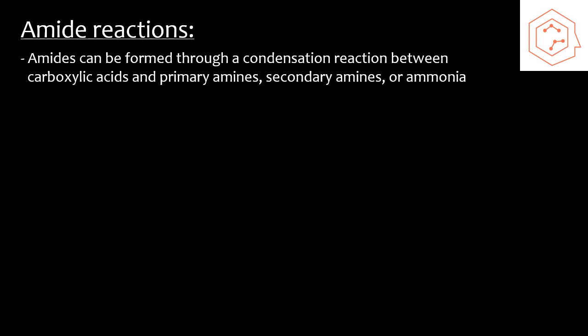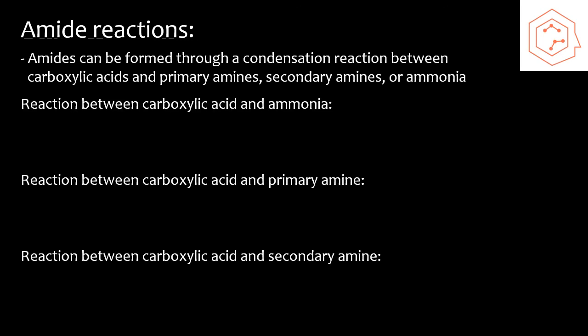So for amide reactions, we can form amides through a condensation reaction between carboxylic acids and a primary amine, secondary amines, or ammonia. Depending on what we react the carboxylic acid with, we're going to end up with a different type of amide, pretty similar to our reactions to form amines. So here are the 3 I'm going to go through.